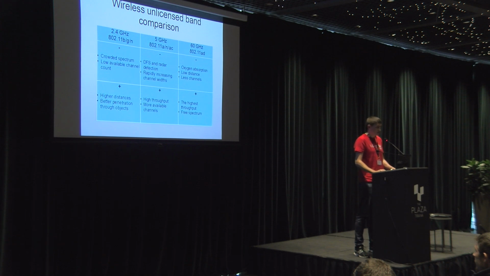When we talk about 60 GHz frequency range, the disadvantages are oxygen absorption. You can achieve relatively short distances, and it has less channels than it goes for 2.4 and 5 GHz frequency range.